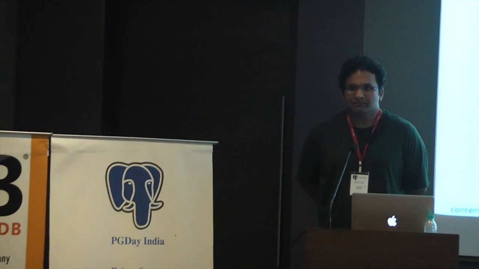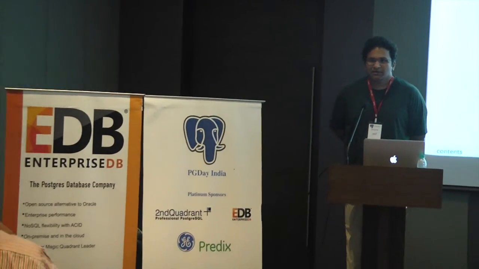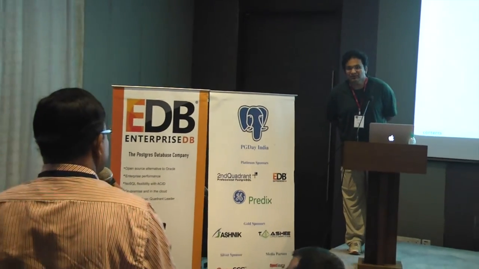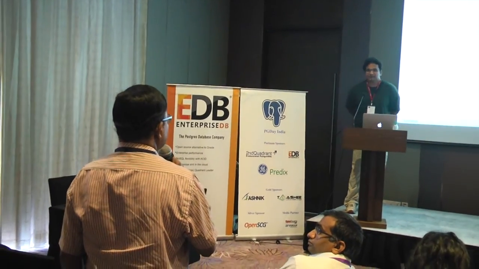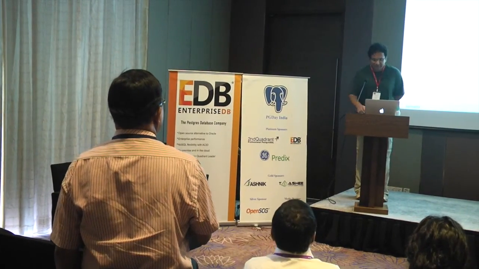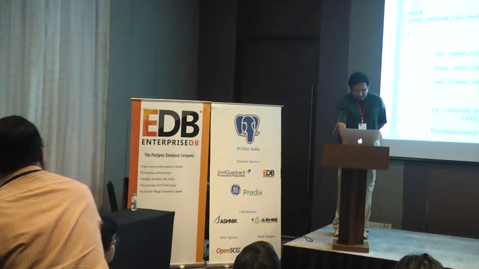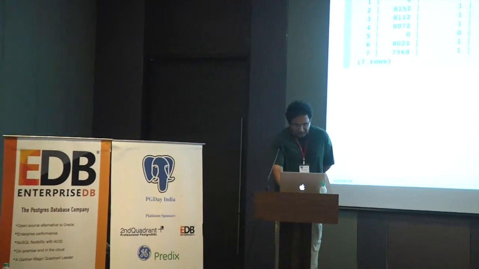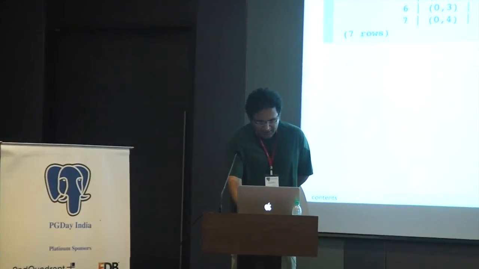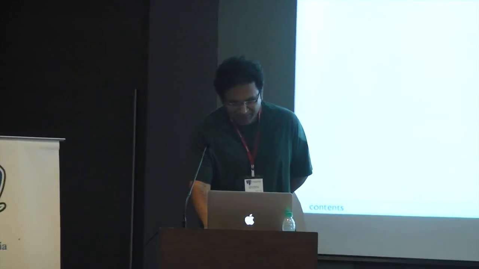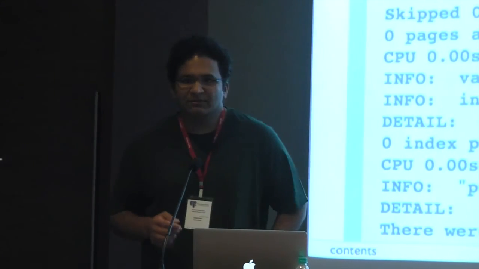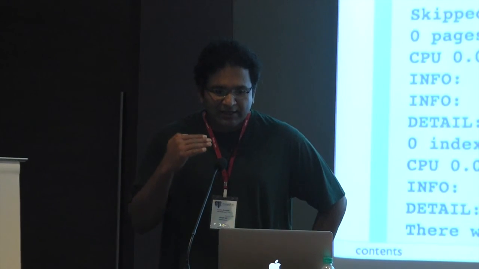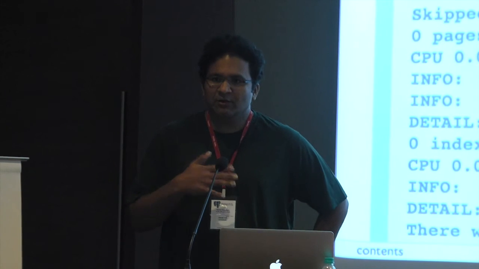I just want to know what will happen to the indexes when we run a vacuum full command. Sorry, what will happen to the indexes? Whether it will be rebuilt. Yes, actually there's a slide that shows what happens when you vacuum full. When you run vacuum, it will first vacuum all of your indexes.